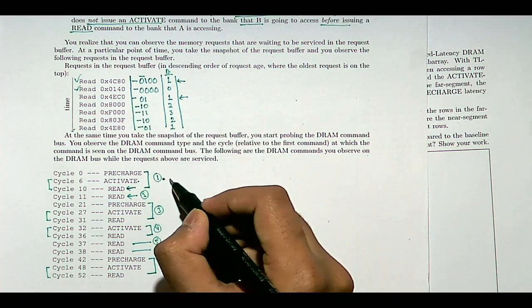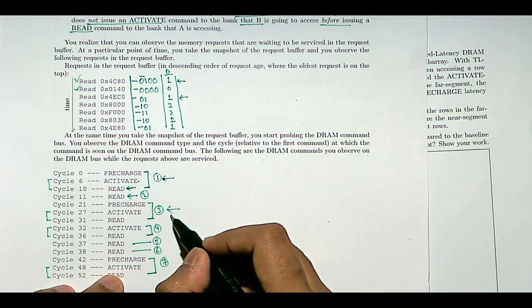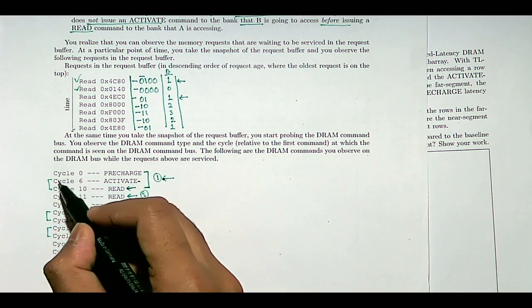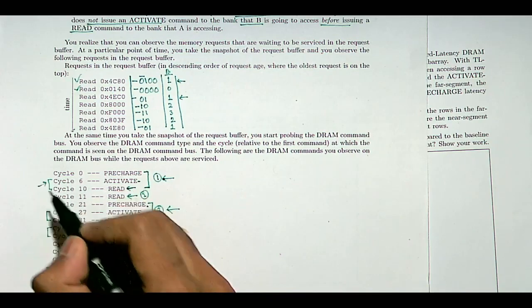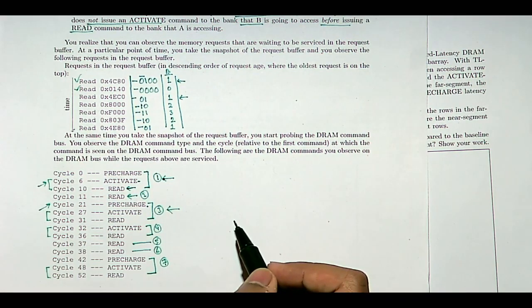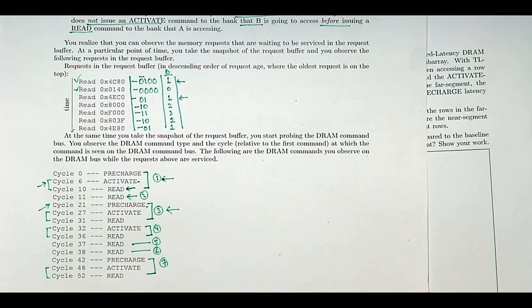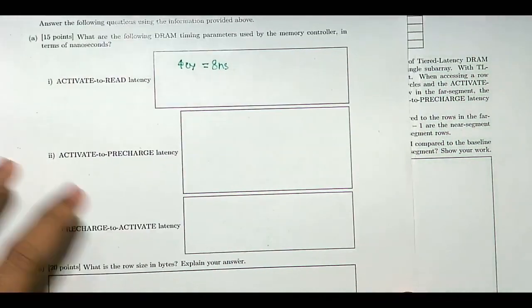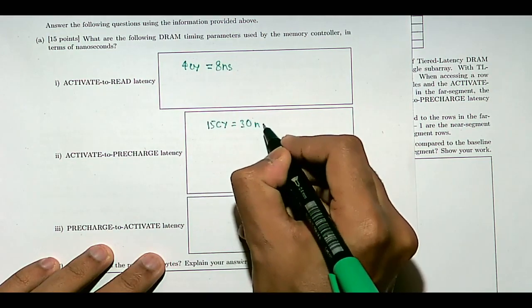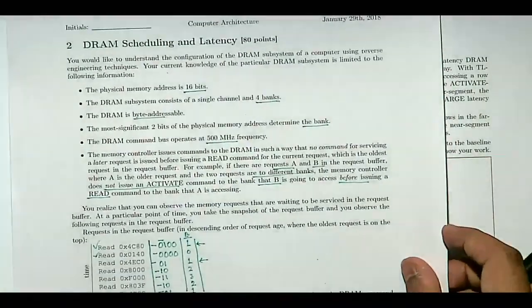So you should be looking at the activate to pre-charge latency between these two cycle counts: cycle number 6 and cycle number 21. That gives us a cycle difference of 15 cycles, which translates to 30 nanoseconds. Does that make sense?